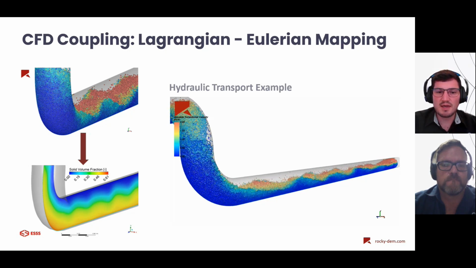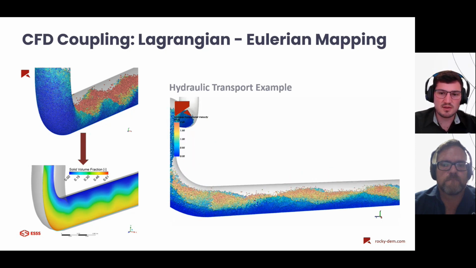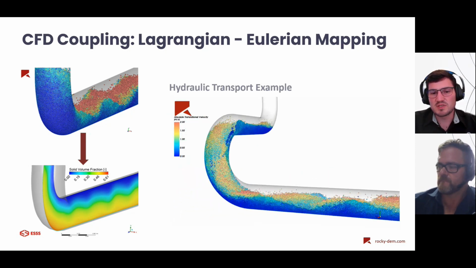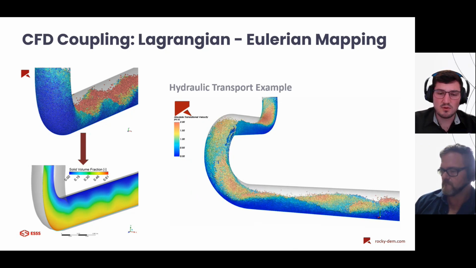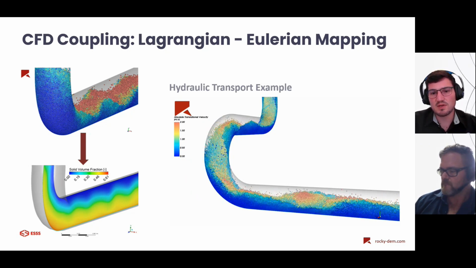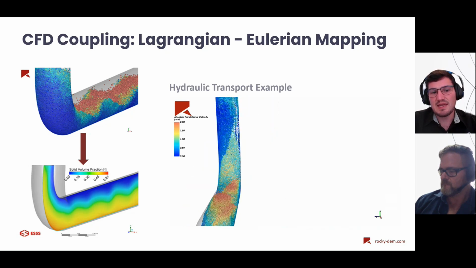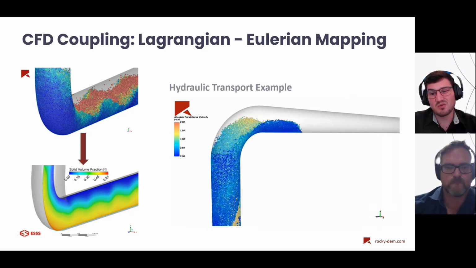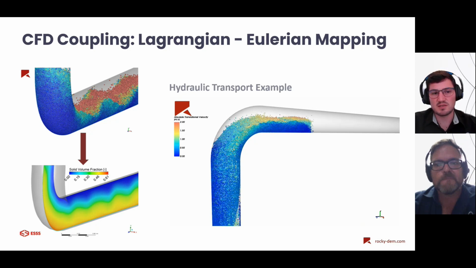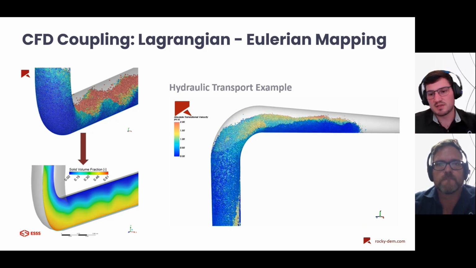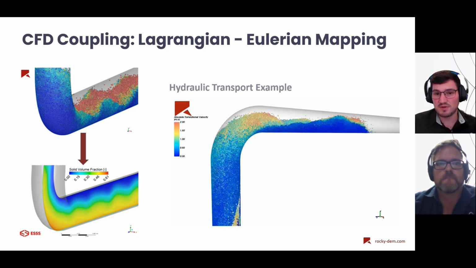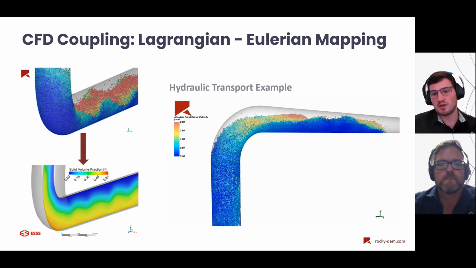But what Rocky have done is they've implemented a new way of representing the particles as a porous zone, or a dynamic porous zone, instead of a separate Eulerian phase, in the case where we only have a single phase fluid. So if you have, for instance, only particles in water, instead of running a full multi-phase CFD simulation, you can run a single phase CFD simulation, and Rocky will send the particle information over to Fluent and create a dynamic porous zone with it.